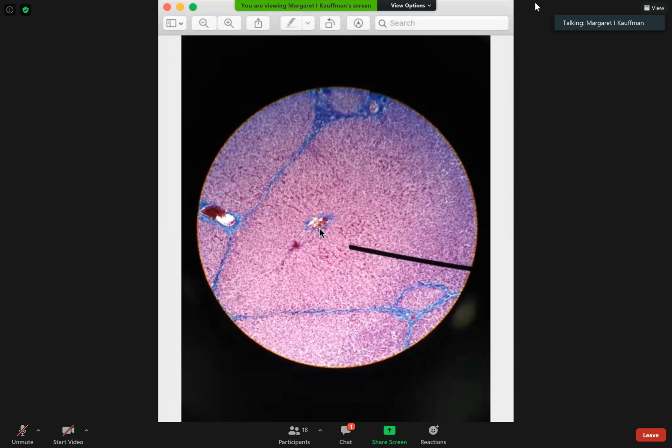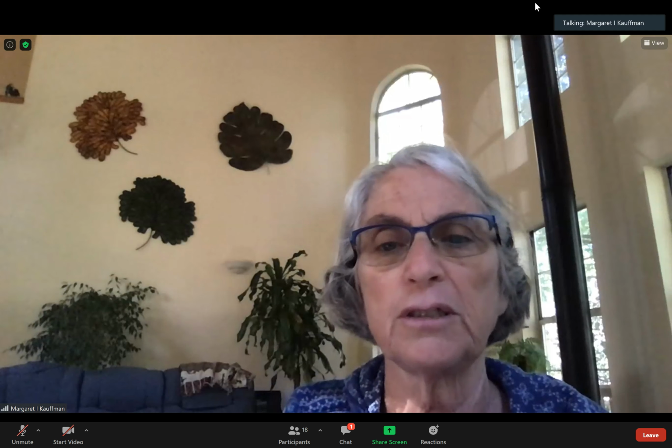You only still have a central vein here. This is a big artery. That's not a central vein. It's in that edge. Here's another large vessel. So you can see the lobules are surrounded by other lobules in this area.